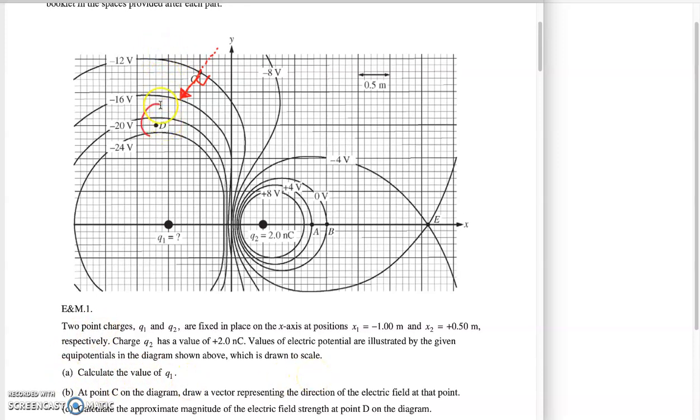So if we take a look at point D, here's point D. And we can calculate the approximate electric field using the distance and the electric potential difference between those two lines that are the equipotential lines. All right, so what is that distance?